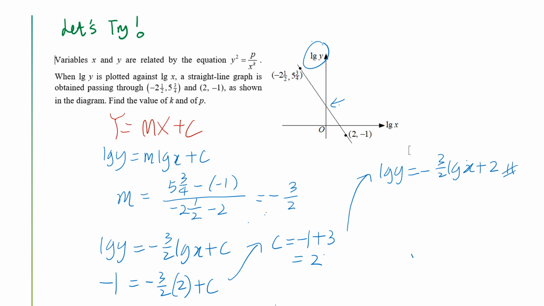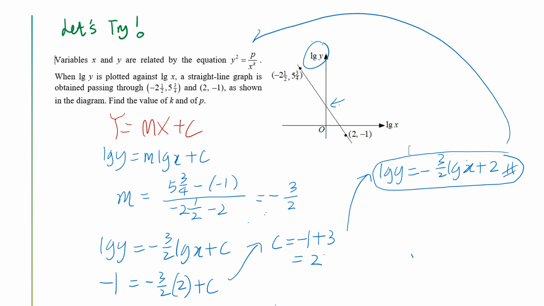Right, what's the next step we need to do? Find the values of k and p. So in other words, I would have to convert this linear form to remove the log and express it in this format here, where I can find the values of p and k from the equation.